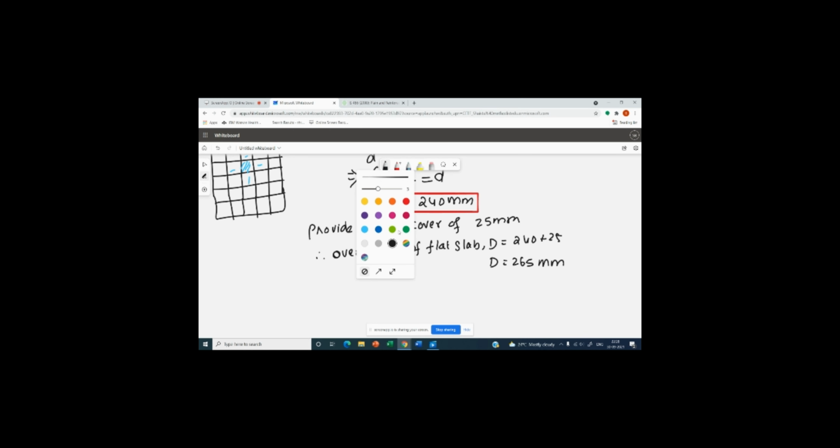To this we also have to add the thickness of the drop, that is, the thickness of the slab near the support. Right now, from stiffness consideration, the overall thickness of the slab is 265 mm.